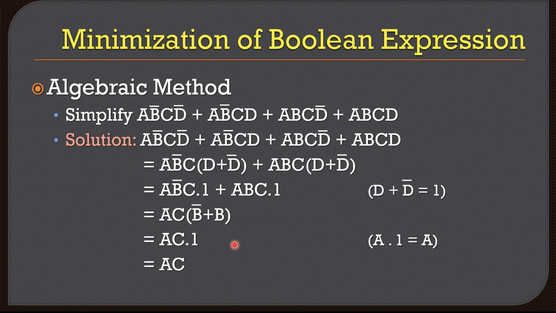So this is the minimized form of the Boolean expression. You cannot minimize it any further; the whole expression has been minimized to this level. This will be the final answer for the question.